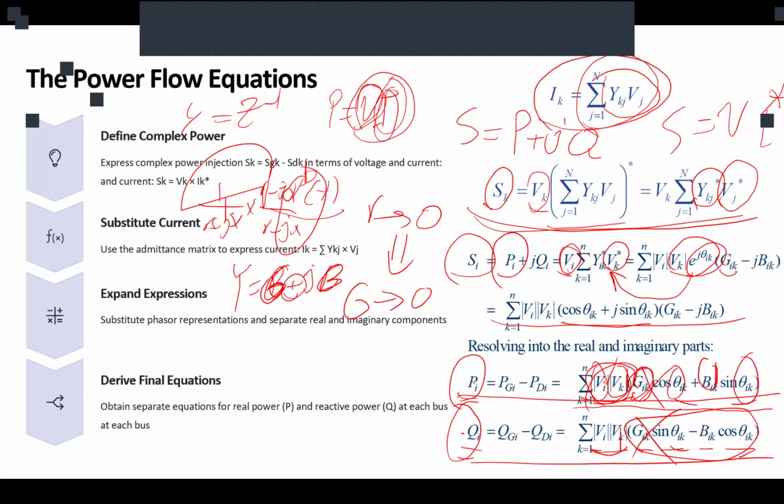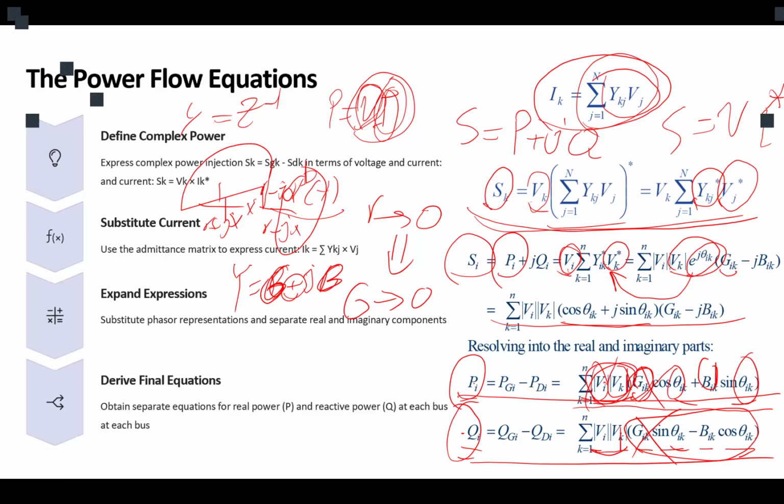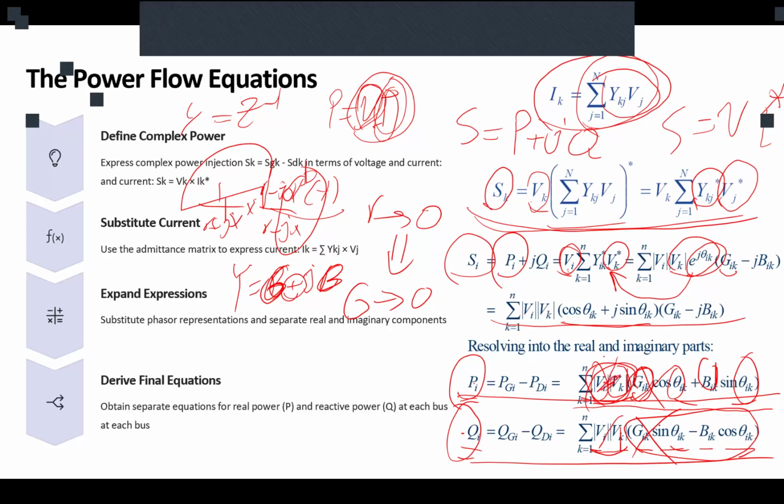In a per unit system, you could consider both of them as 1. Are we good for that? So now these two become 1, or a constant number. You don't need to put it in per unit.